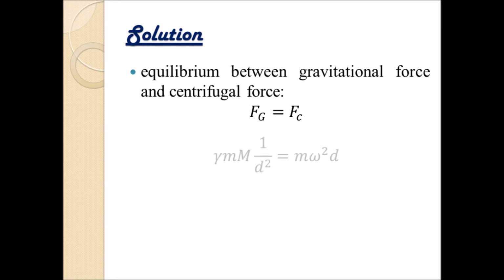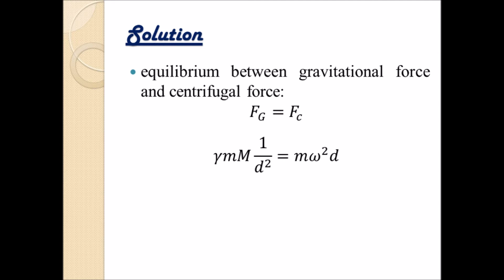How are they calculated? Well, Fg equals gamma, the gravitational constant, times the mass m of the object, in our case the satellite, multiplied with the mass M of our central body, which is the Earth. Hence we take an uppercase M for that. And we have to divide this product by the distance squared.